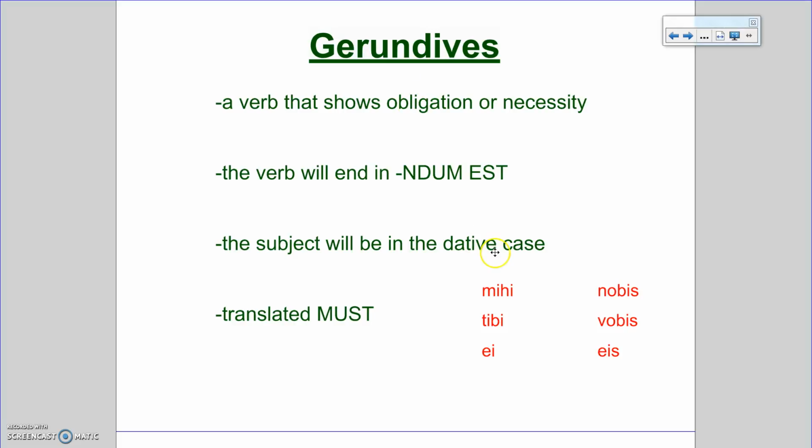The subject is always going to be in the dative case, and you can see the red dative case words down below that you might see pretty often. Mihi, tibi, ei, so I, you, he, she, or it. Nobis, vobis, eis, we, y'all, and they. And finally, the translation, you must translate it must. It's pretty easy to remember that.